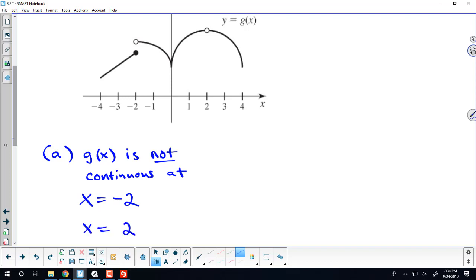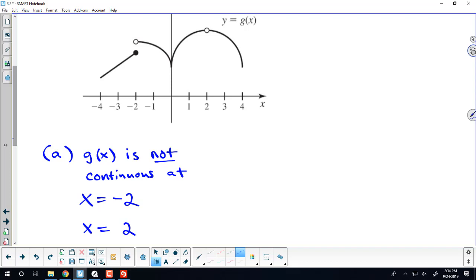Do y'all agree with that? Why is the function not continuous at x equals negative 2? Yes, there's a jump, but in terms of continuity, what is happening?